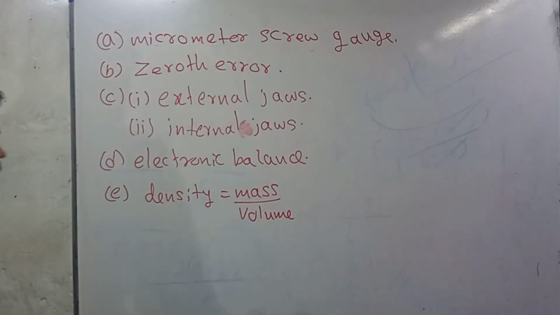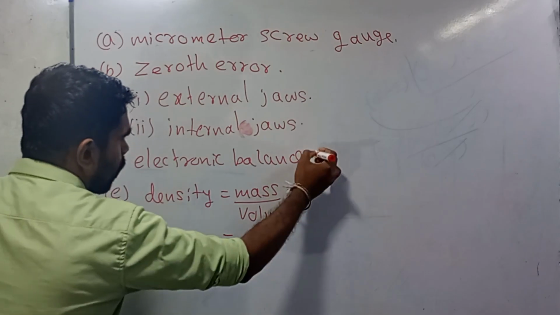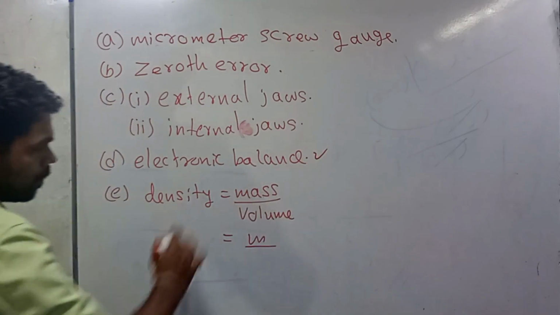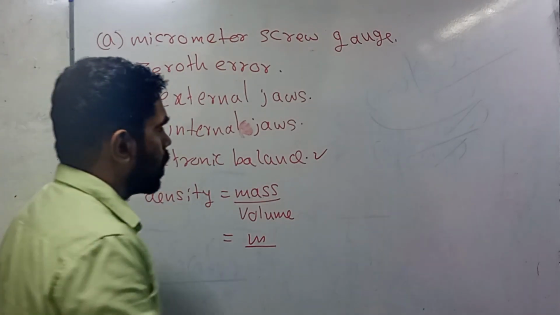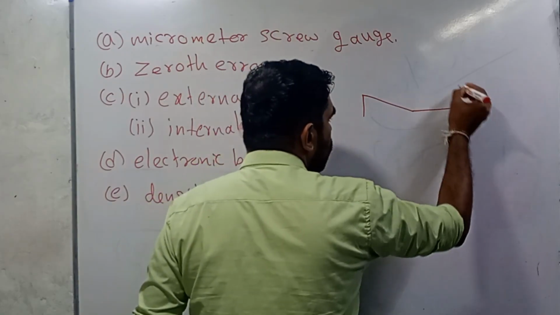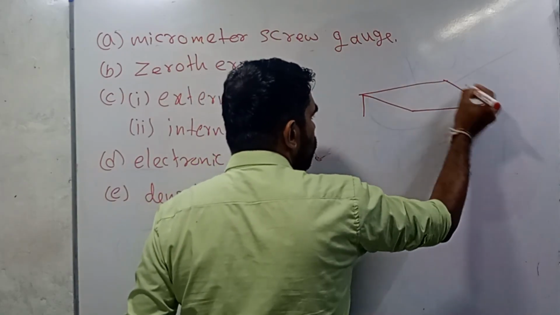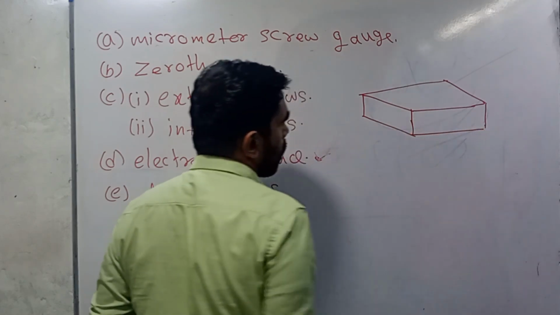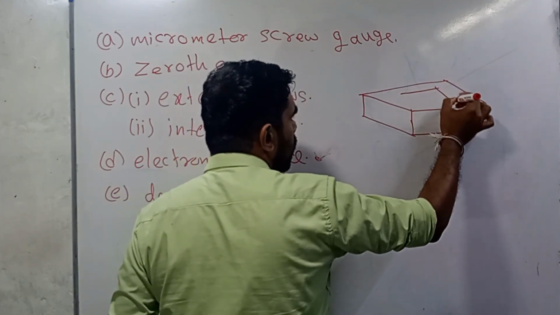We have obtained the mass as M by using the electronic balance. We have to substitute volume by using the given measurements. I will consider the given metal sheet like this. There is a hole inside the metal sheet.